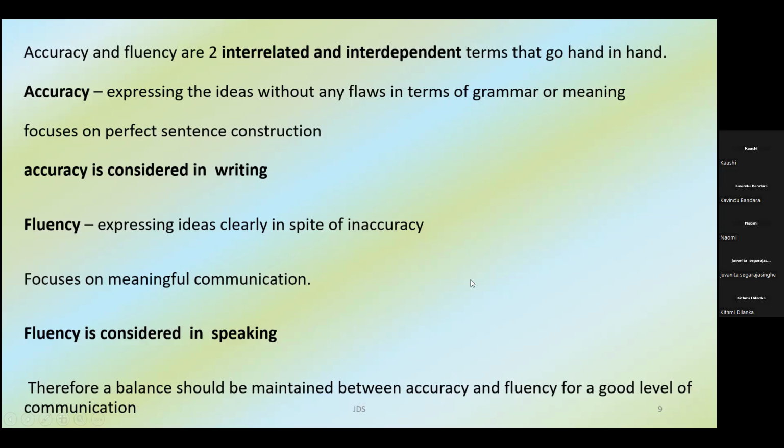Therefore, I can talk whatever nonsense I want and still I'll be accepted. There can be mistakes, but the essence of communication should not be lost. The meaning that we intend to convey should not be lost. Then only that person can be considered as a fluent speaker.